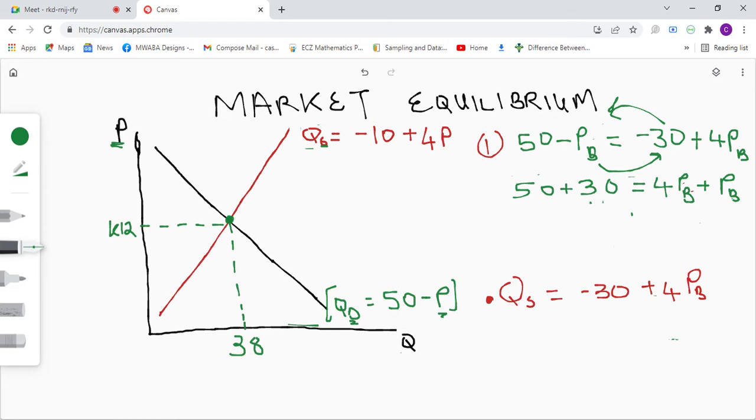So 50 plus 30 gives us 80, and 4PB plus PB gives 5PB. To get the value of PB, we divide both sides by 5.